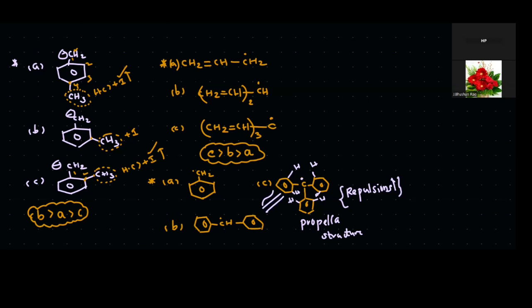B is equal to C, greater than A. This is the stability order for free radicals, an exceptional case.